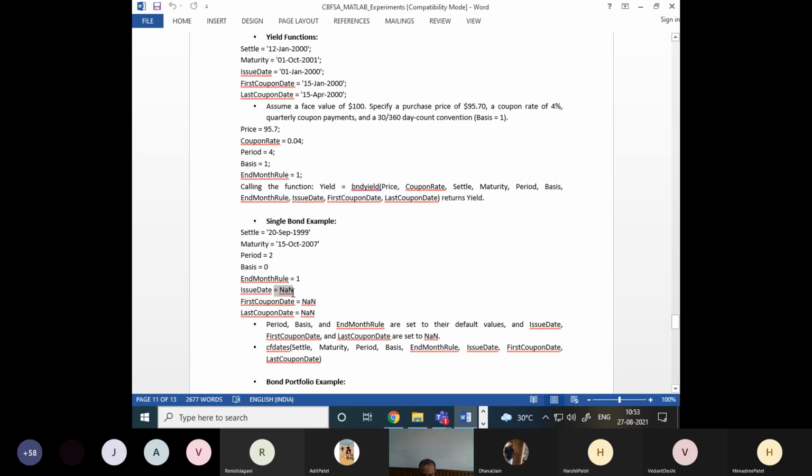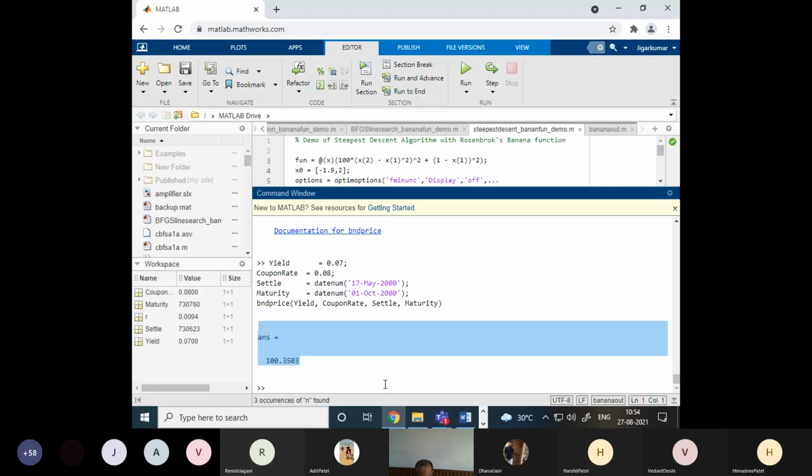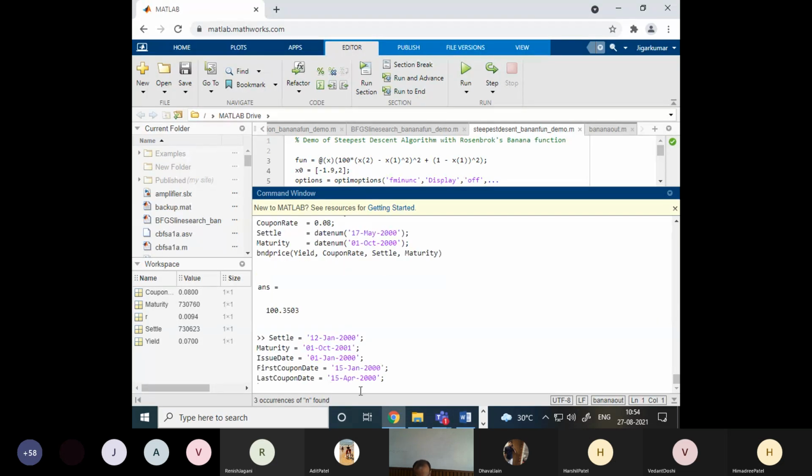Sometimes some things are not known, which are not compulsory, and still you want to specify them; you can write NaN, not a number, so that means it is not known. So you can use that. Let me take this function. Let me set the settle date and all that. First of all, I copy this into my MATLAB, so all this information is there.